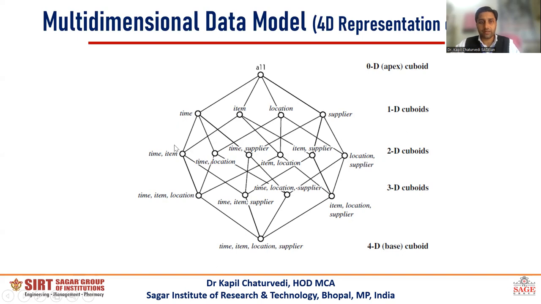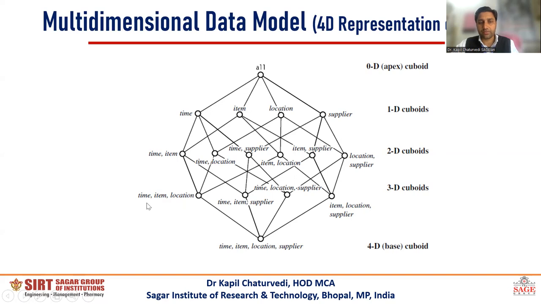So here we have four dimensions: time, item, location, and supplier. In the first phase, we list these; in the second phase, we make combinations of time-item, item-location, item-supplier, time-supplier, time-location, and location-supplier. So here we are drawing lines between time, item, time-supplier, time-location, item-supplier.